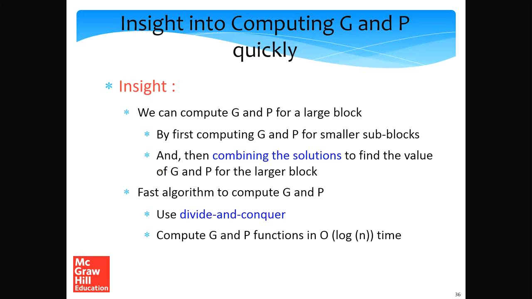So a fast algorithm to compute GNP will have to use some sort of what is called a divide and conquer strategy, which means first solve the problems for very small blocks and gradually combine them to get the solutions for bigger and bigger blocks, right? So basically we want to do this in order log n time. Let's see how.